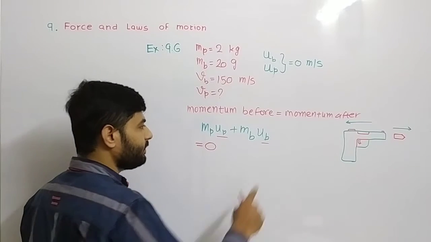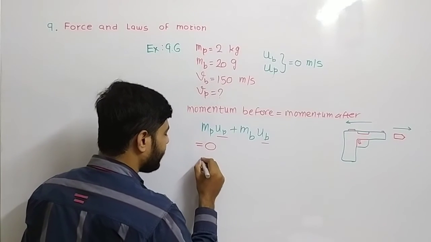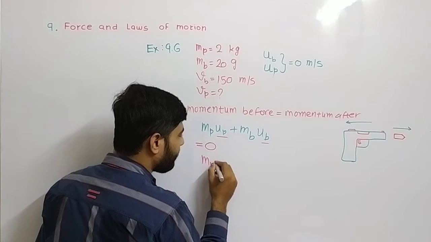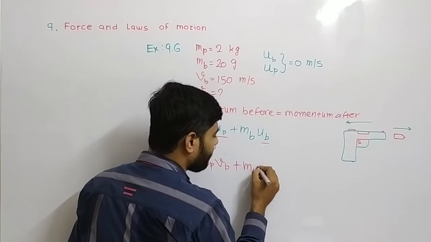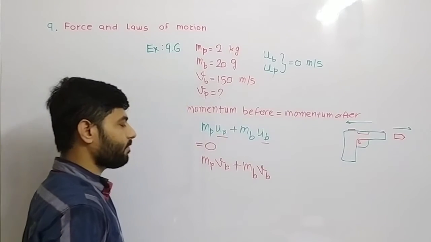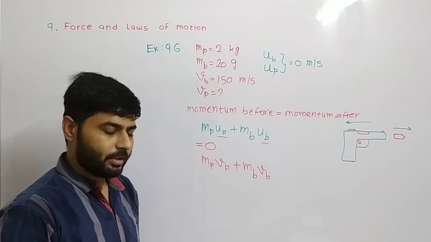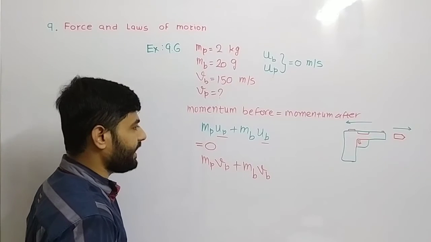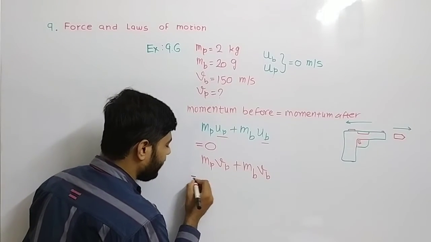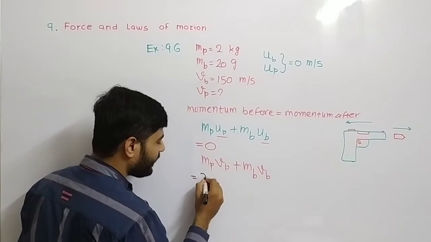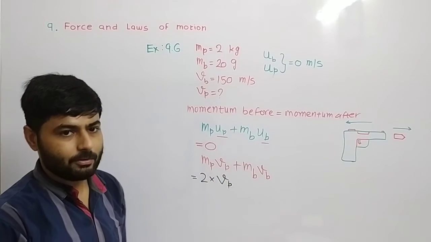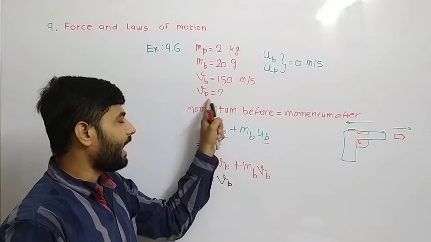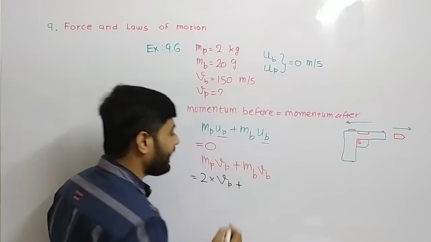Now what is the momentum after firing? That is MP VP plus MB VB. Now put the values here. MP, the mass of pistol, is 2 kg, into VP. VP I have to find. Plus MB.